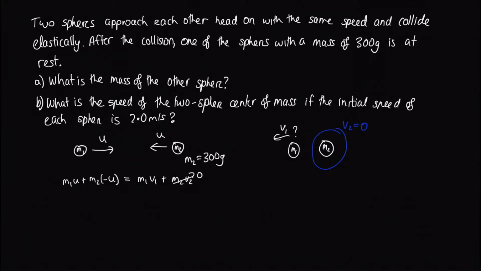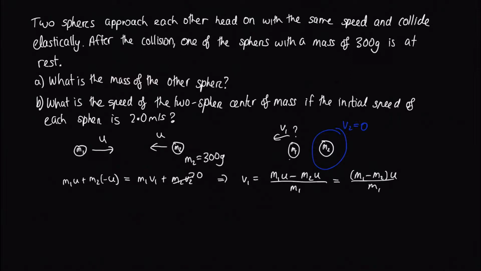We can rearrange this, and this means that v1 is equal to m1u minus m2u over m1, and we can take u out as a common factor. So this is m1 minus m2, times u, over m1. Now we've got an expression for the velocity of the sphere m1, whose mass we don't know, after the collision.